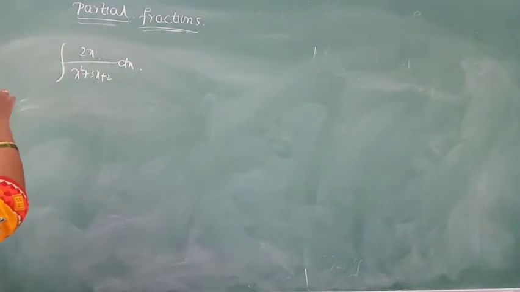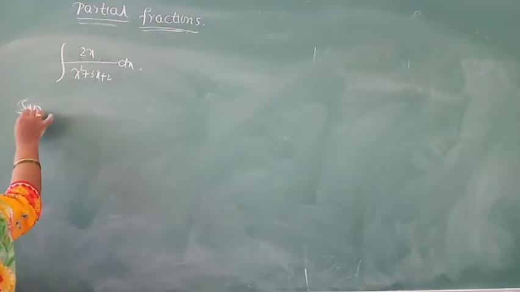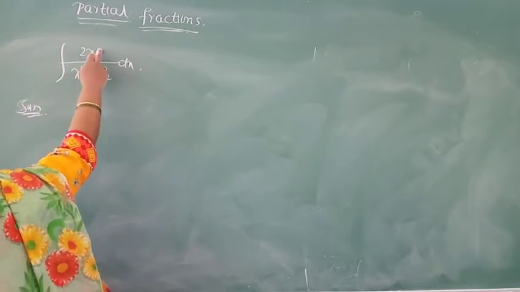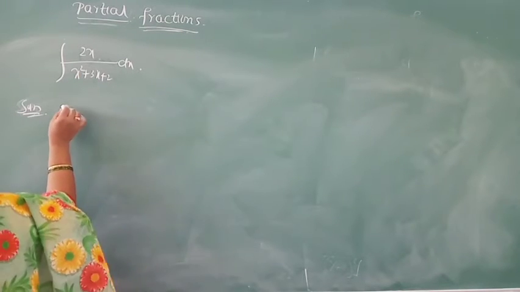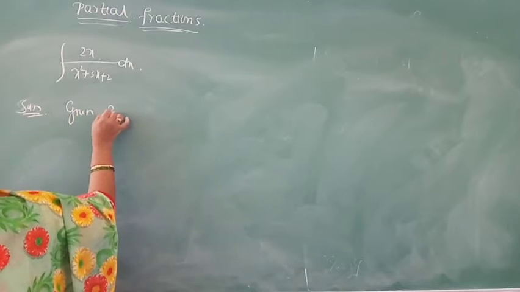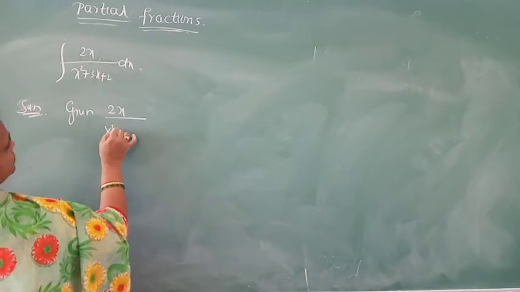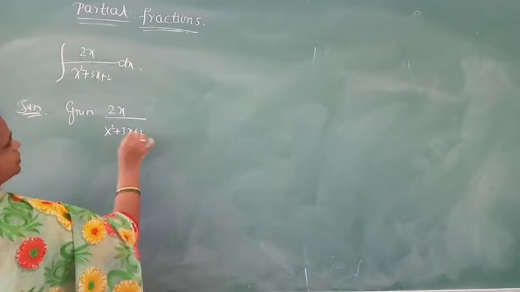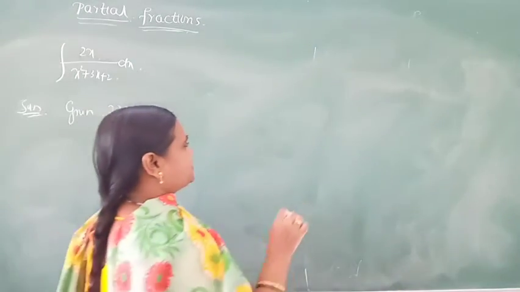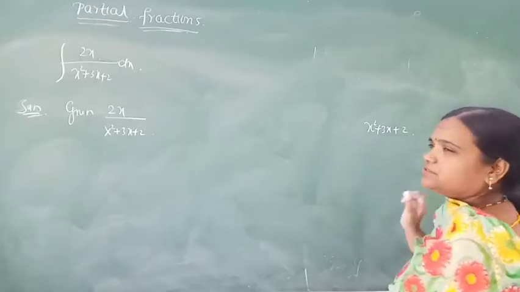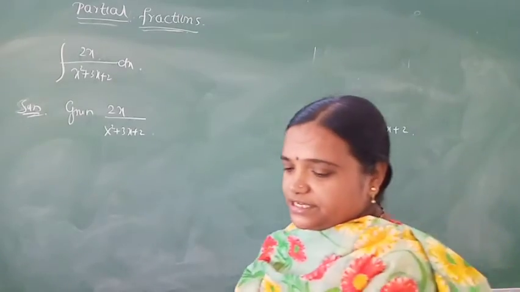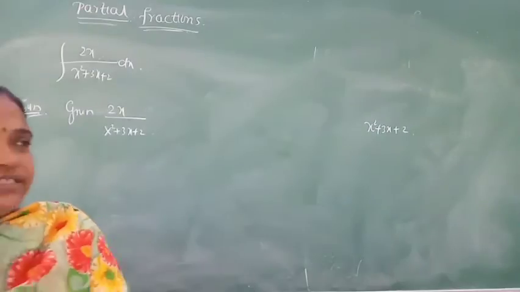Okay, first step is to verify whether it is proper or improper. See, degree of numerator is less than the denominator, therefore it is a proper fraction. Therefore we can write the given 2x by x square plus 3x plus 2, but we have to calculate the factors. See, x square plus 3x plus 2 can be written in the form of factors.